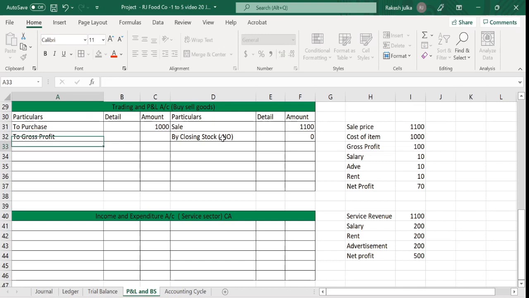Now, gross profit. How to calculate this gross profit? The simple way is making a total of these two, and then we subtract this figure, like purchase.